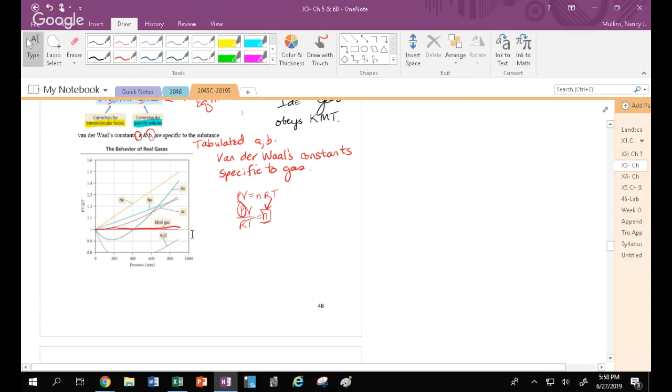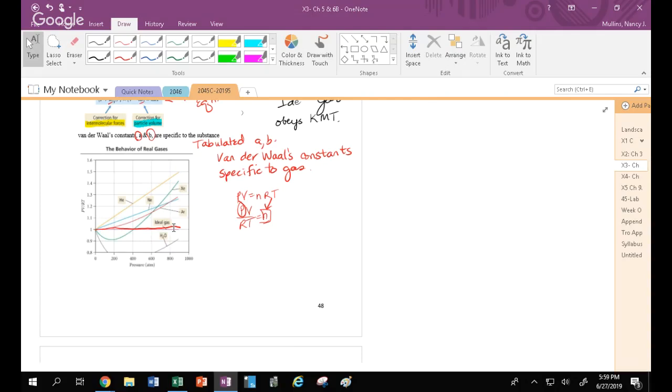Intermolecular forces are how the particles interact with other particles. So if I have one particle that's very attracted to another one, it can cause them to come together and start to coalesce, start to condense into a liquid form.